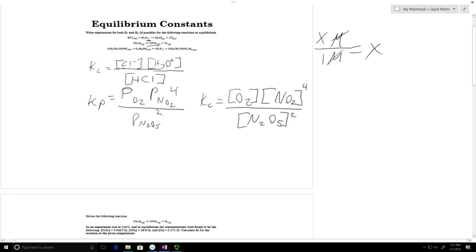Okay? Our last one has a bunch of organic stuff. Don't worry if you don't know the name of it, just worry about what the phase is. So we have an aqueous phase, we have a liquid phase, we have an aqueous phase and an aqueous phase. So the liquid phase we're not going to worry about, we're only going to worry about the aqueous phases.